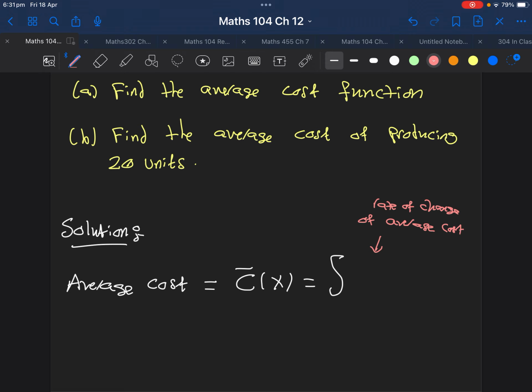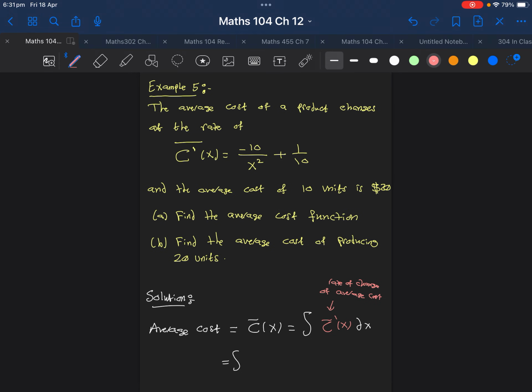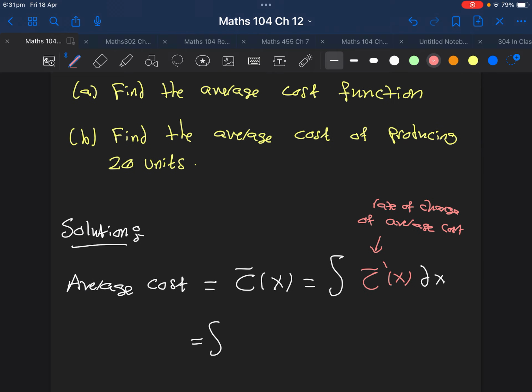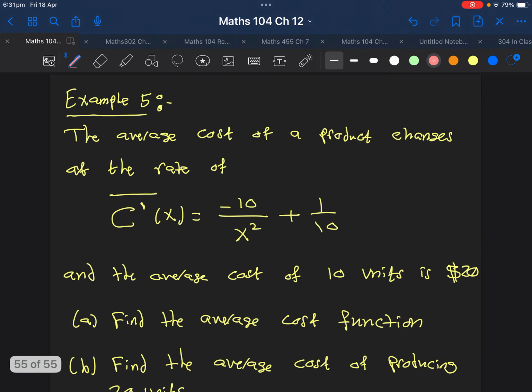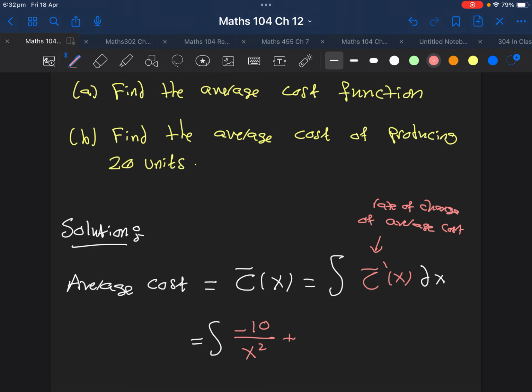Now, what's the rate of change of the average cost? That's the main question. That would be just C bar derivative of x dx, which is equal to negative 10 over x squared plus 1 over 10 dx.